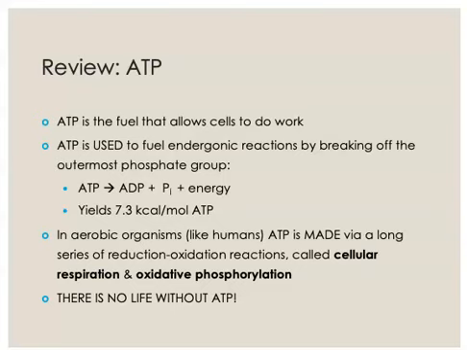And in fact, anaerobic organisms can also do cellular respiration and oxidative phosphorylation, because the oxidative term refers to the oxidation reduction reactions and not to oxygen. We'll talk just a little bit about those anaerobic organisms later on in the lecture. But for now, remember that ATP is necessary for all living cells. There is no life without ATP.